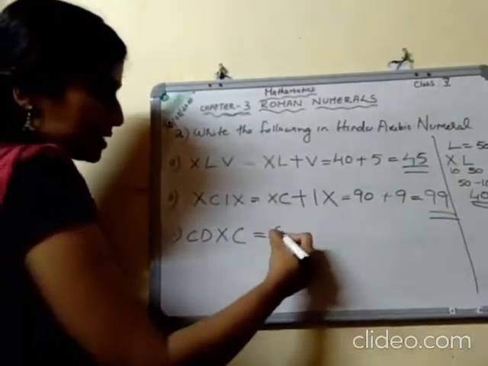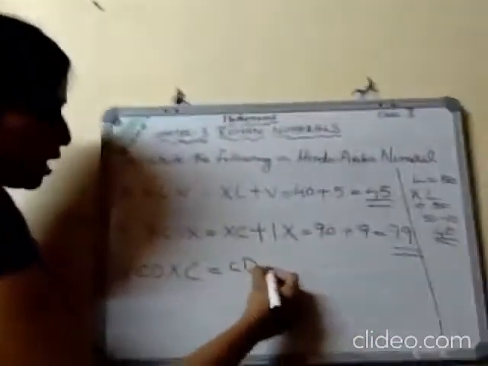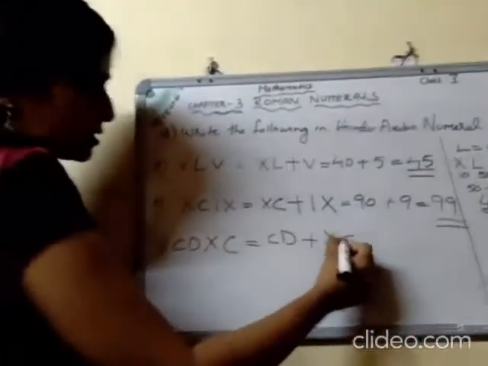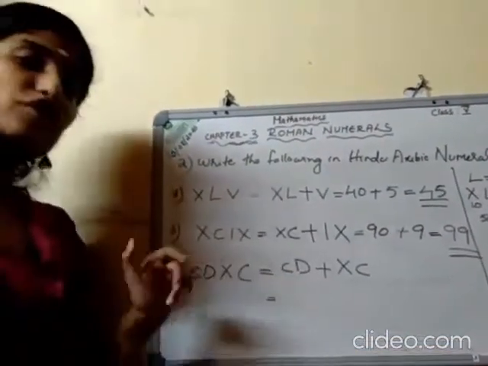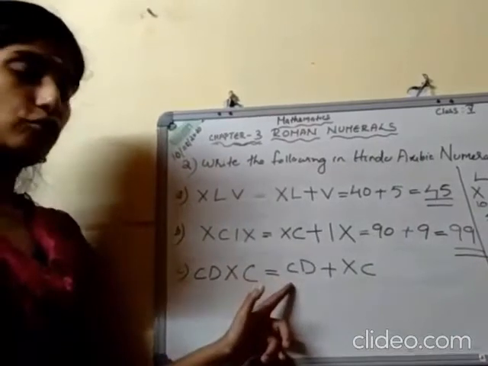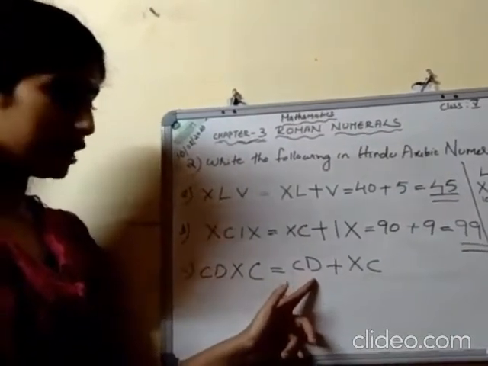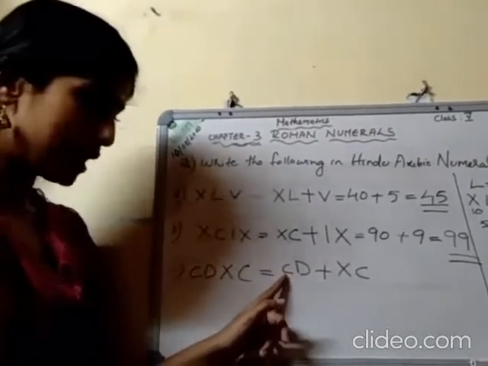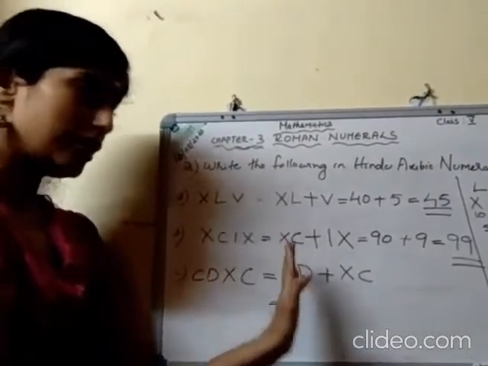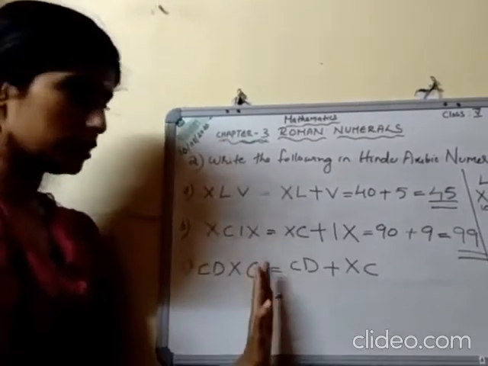We can write this as a sum of CD plus XC. Can you tell which Hindu-Arabic numeral CD represents? D is 500 and C is 100. So C is a smaller value placed to the left side of D. Isn't it?